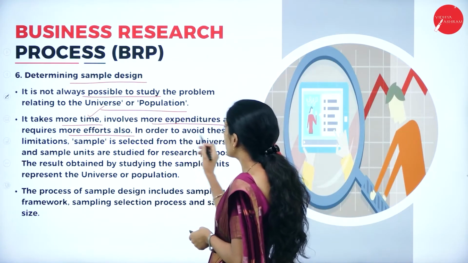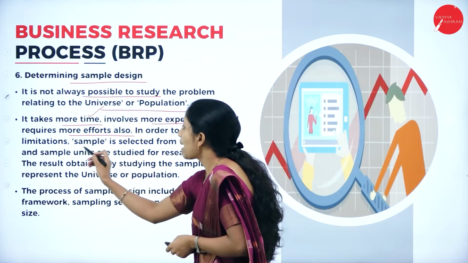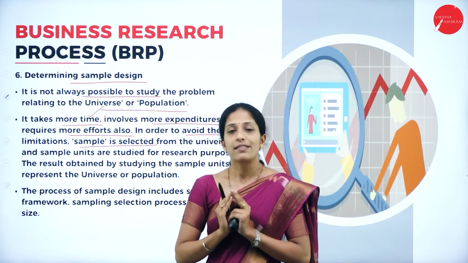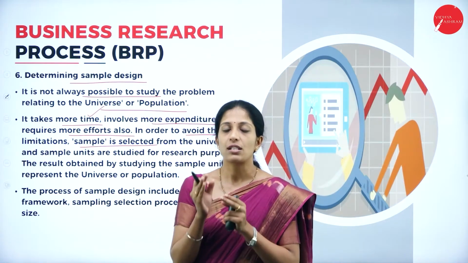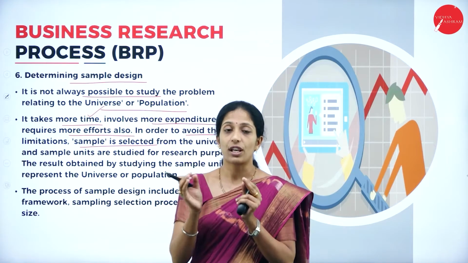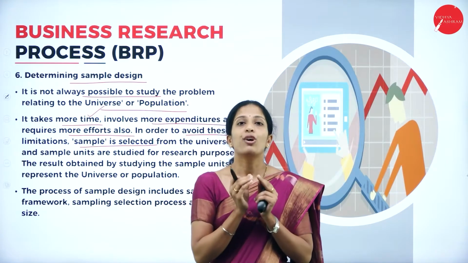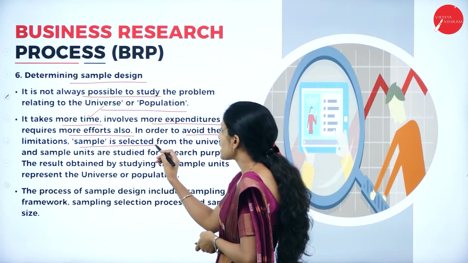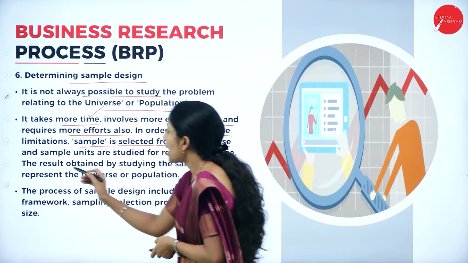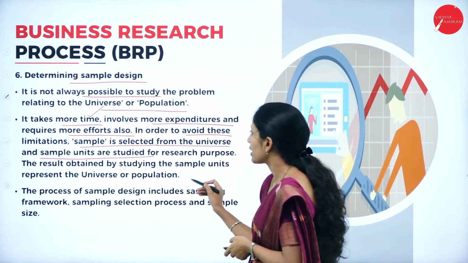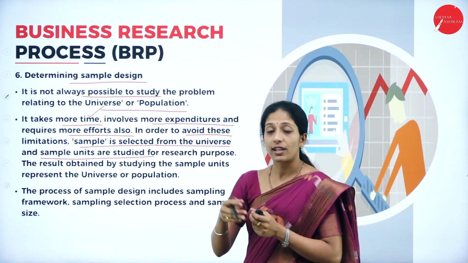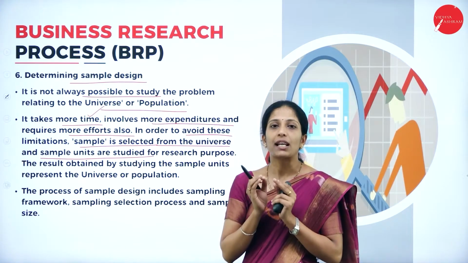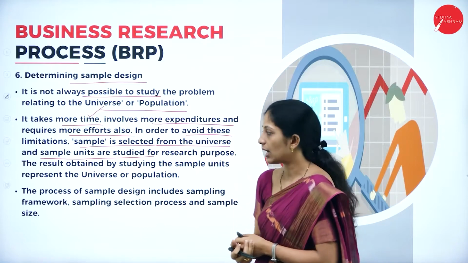In order to avoid these limitations, a sample is selected. Now, what do you mean by sample? Instead of going through the whole universe, we make a group and collect the information from a group of people. That is known as a sample. The sample is selected from the universe and sample units are studied for research purposes.